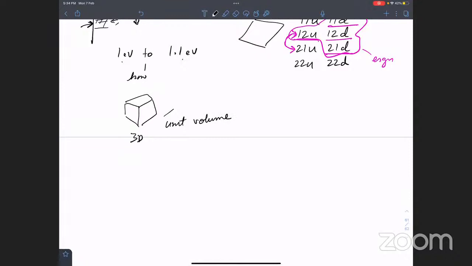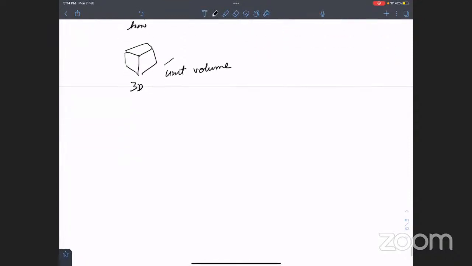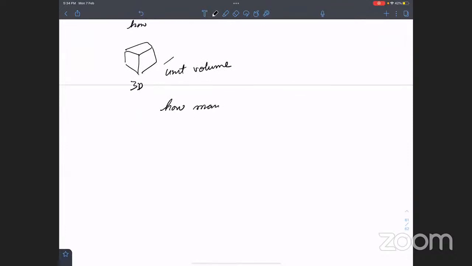Per unit volume of a three-dimensional object, we want to see how many states. How many states? This is a pure number, it does not have any units. How many states per unit energy? Per unit energy per unit volume.